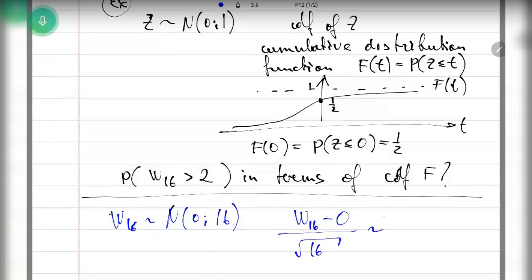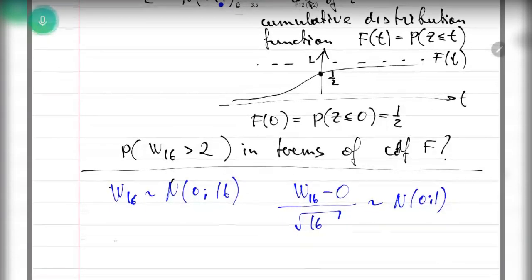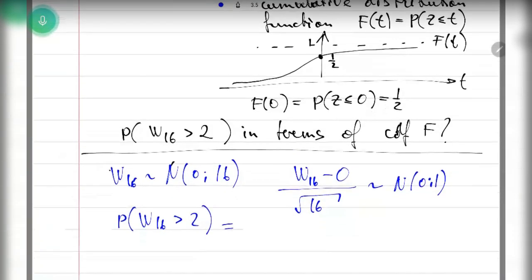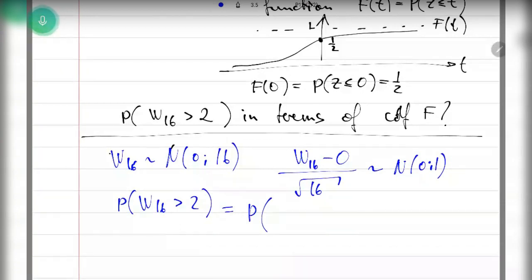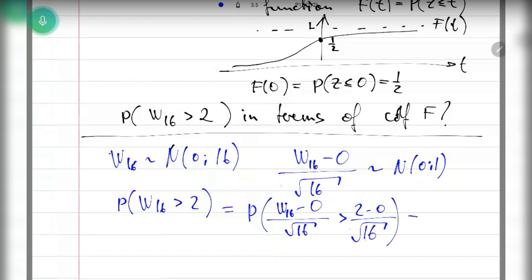And now we have a random variable that is normal 0, 1. And hence my question, probability that W16 is bigger than 2, can be restated in terms of a standard normal random variable, like W16 minus 0 divided by square root of 16 is bigger than 2 minus 0 divided by square root of 16.